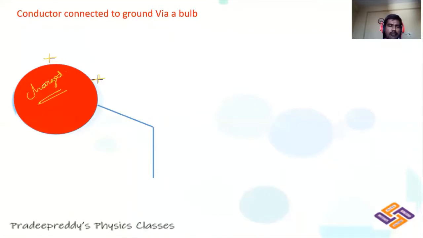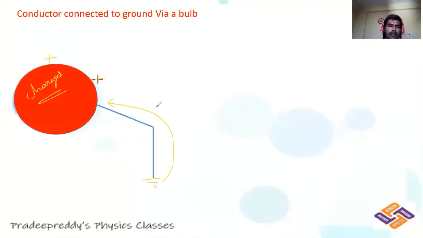So when I connect this charged body to the ground, as the ground is treated as an abundant source of negative charge, it will provide electrons from the ground to this charged body.